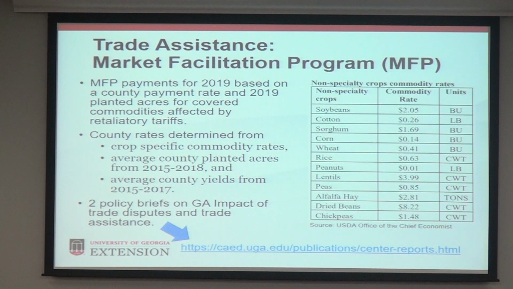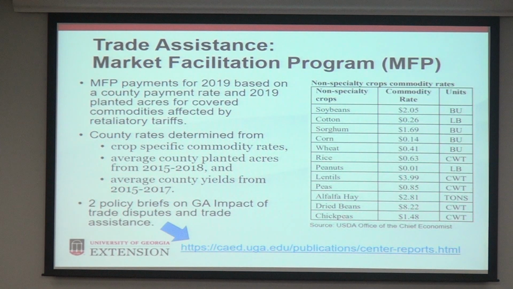They looked at these crop-specific commodity rates based on their analysis of the impacts on trade. You can see cotton there, 26 cents per pound, wheat at 41 cents a bushel, peanuts at a penny per pound, right? Those are not the rates that you are being paid on. You're being paid at the county rate, but those are the rates that went into determining what those county rates are, based on historical planted acres and historical yields within the county.